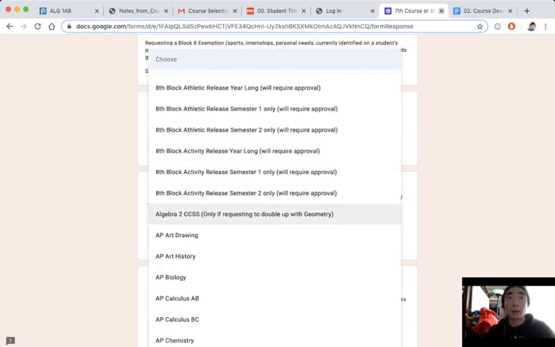Even if you are planning to double up, and you plan to take summer geometry, or if you signed up and you're unsure, as part of your 6 classes you're going to include one of those classes to be geometry. And then your 7th class is going to be algebra 2. If you get accepted, then you'll update your course selection by emailing your counselor saying, I don't need geometry anymore.